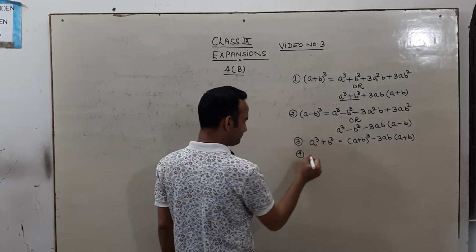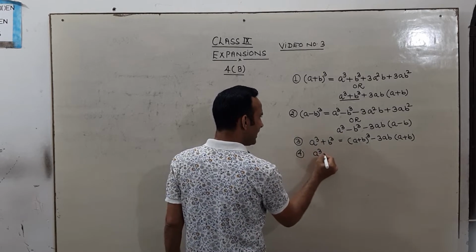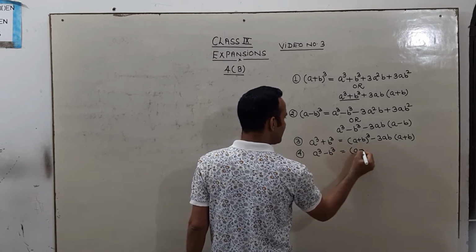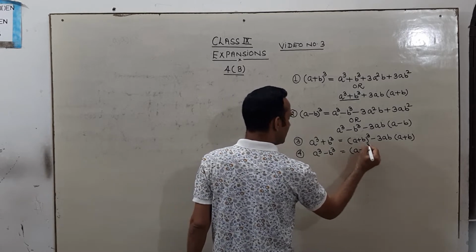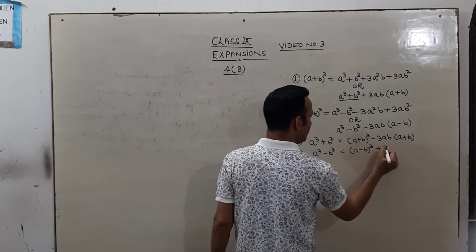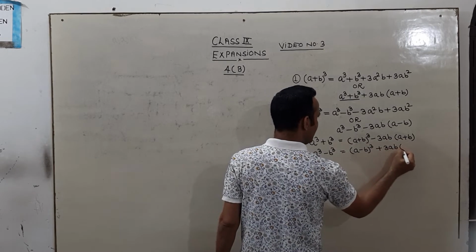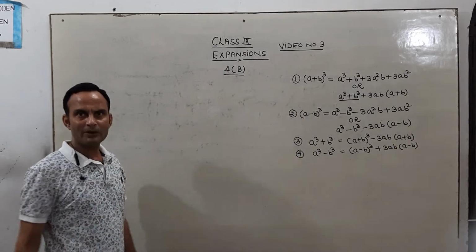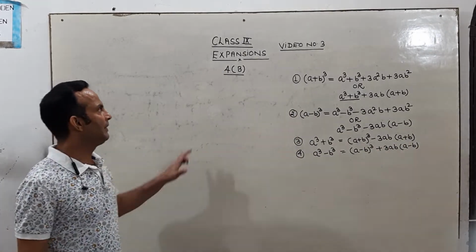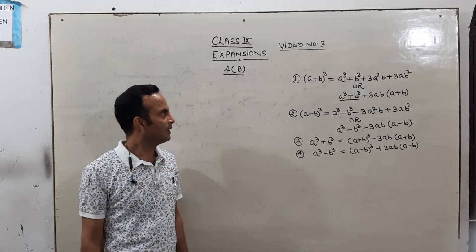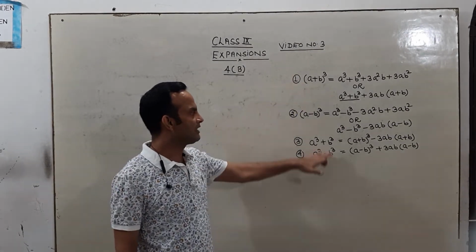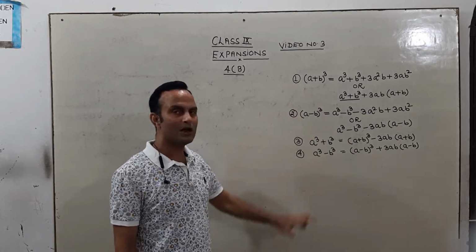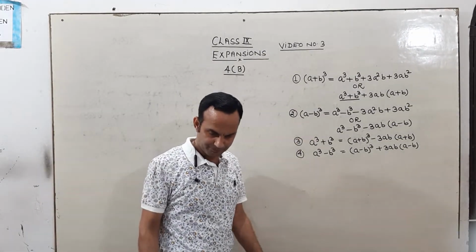Fourth identity: a cube - b cube is equal to (a - b) whole cube + 3ab multiplied with (a - b). My dear students, to complete exercise 4B, we have to learn all these formulas. However, we have already learned these formulas in the previous classes.